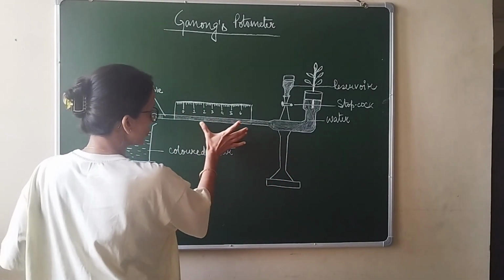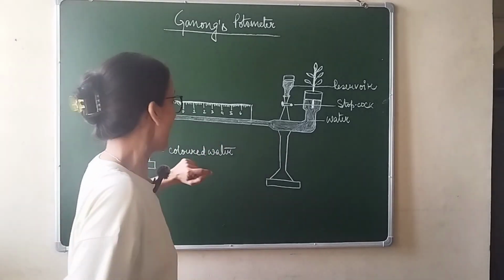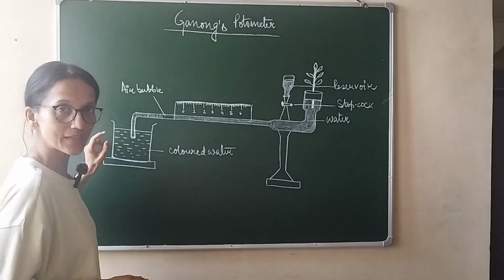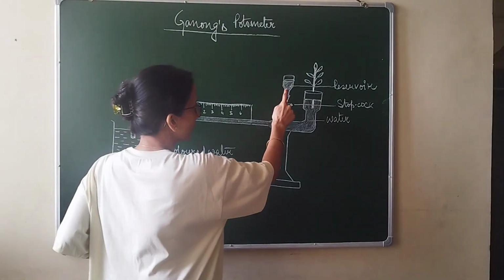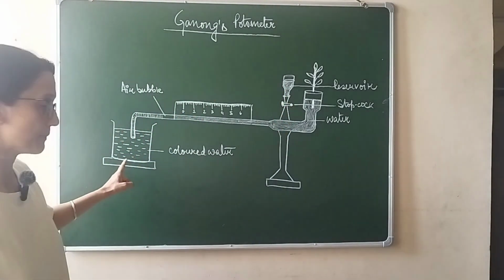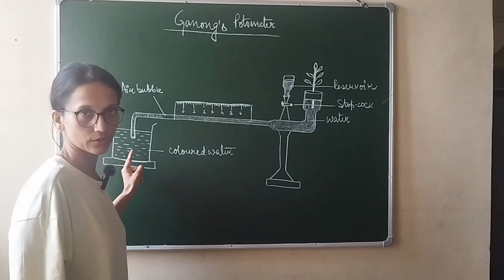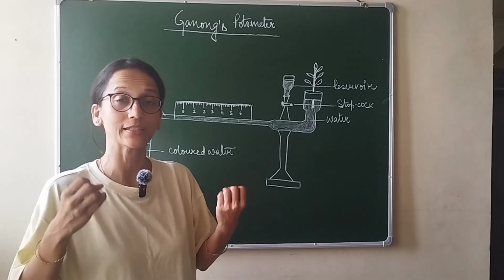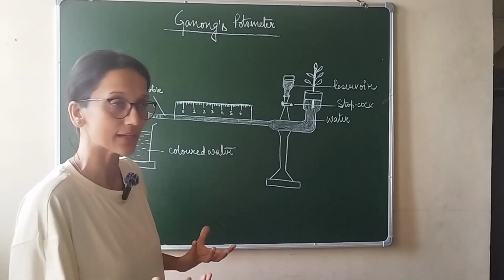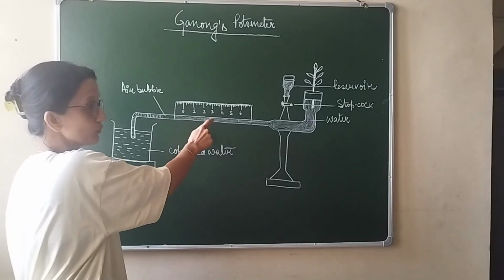Now this portion of the capillary tube is graduated, that means you can see there are markings on it, and the other end of the capillary tube is dipped in a beaker which contains water. So there is water in the reservoir and water in the beaker, but there is a massive difference between the two. We have colored this water. You can color the water by putting eosin or maybe potassium permanganate, anything that will give it a bright color, so it is very easy for you to understand the movement of water through the capillary tube.